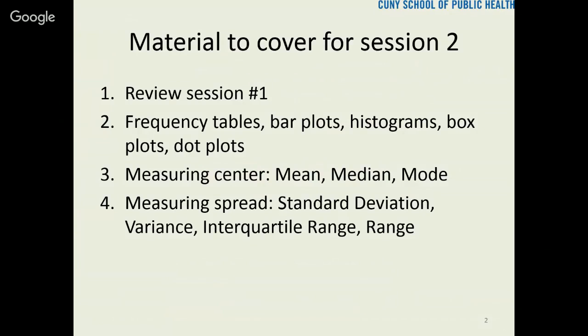So I'm going to start today with a bit of a review of session 1, fairly quick, but since it's been 2 weeks since we did it, make sure to hit the main points again. We went over these a bit before, but I'll go into more detail on some of these bread and butter descriptive plots that we use: the frequency tables, bar plots, histograms, box plots especially, that are used all the time for describing data numerically.